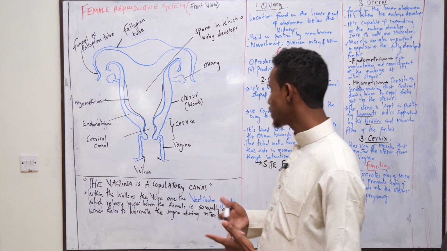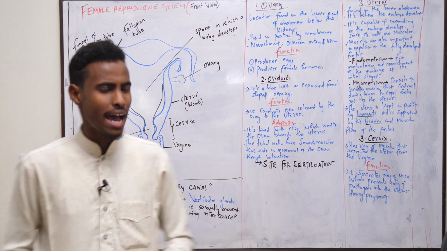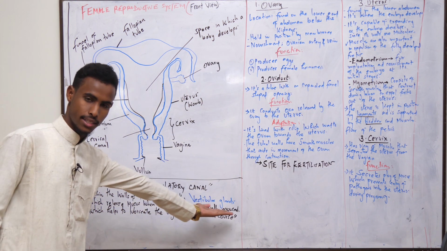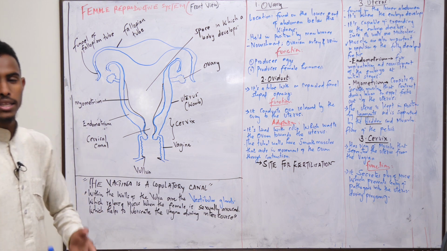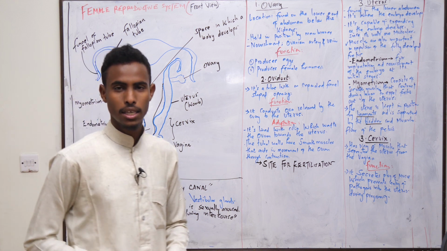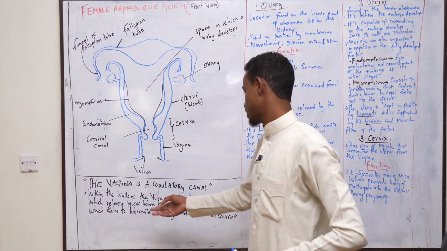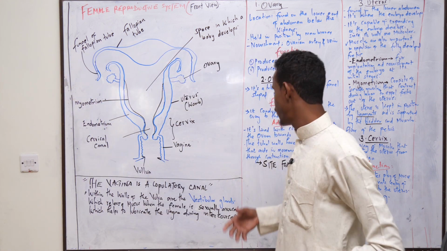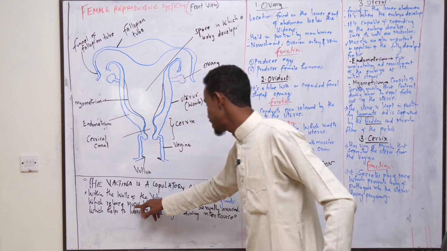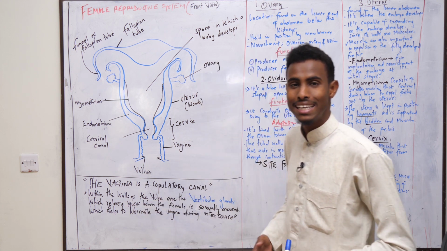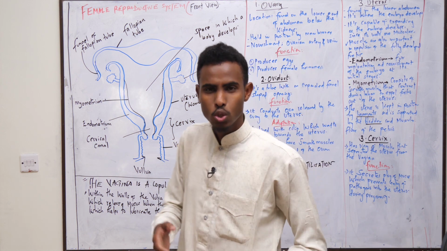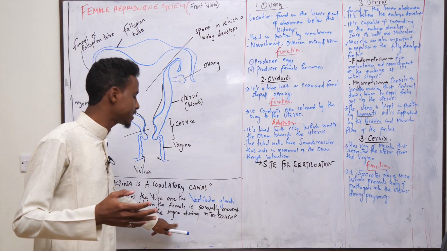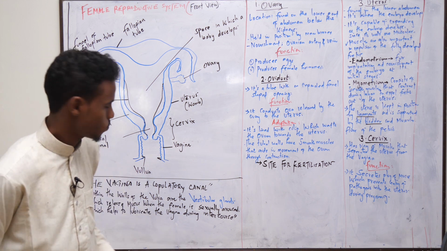Within the walls of the vulva, we have vestibular glands. What is the role of these vestibular glands? They release mucus when the female is sexually aroused, which helps to lubricate the vagina during intercourse.